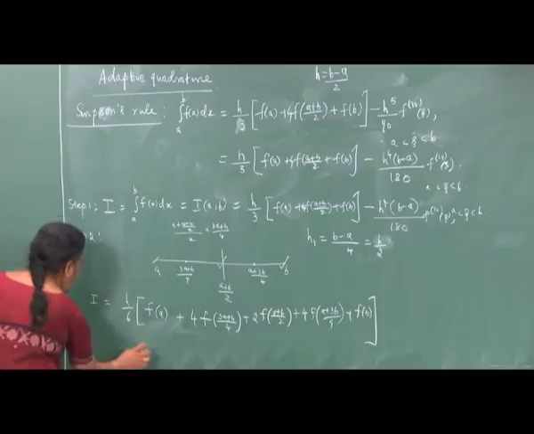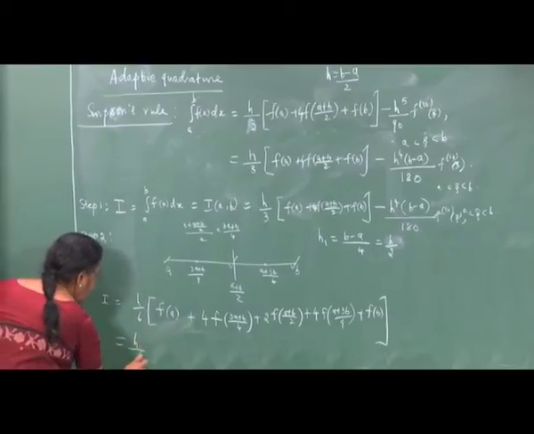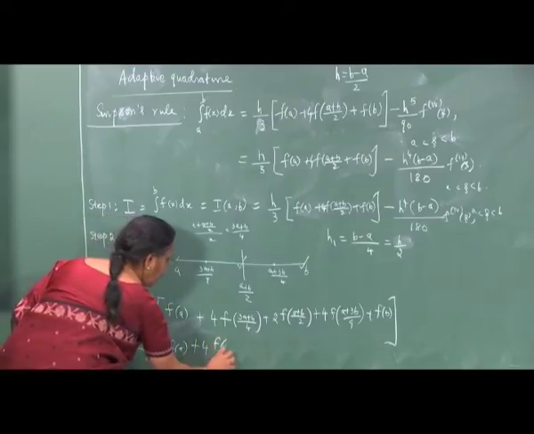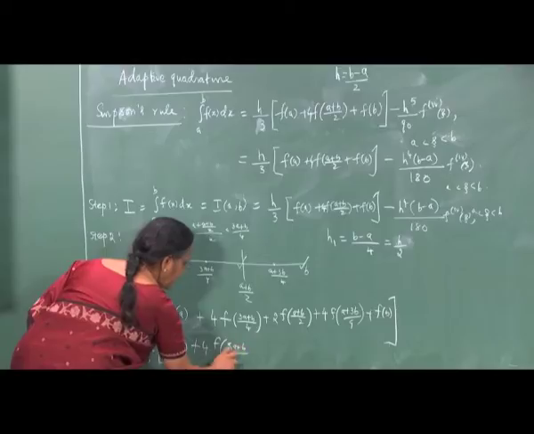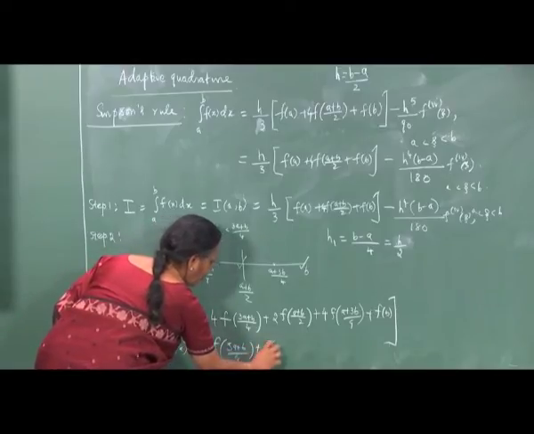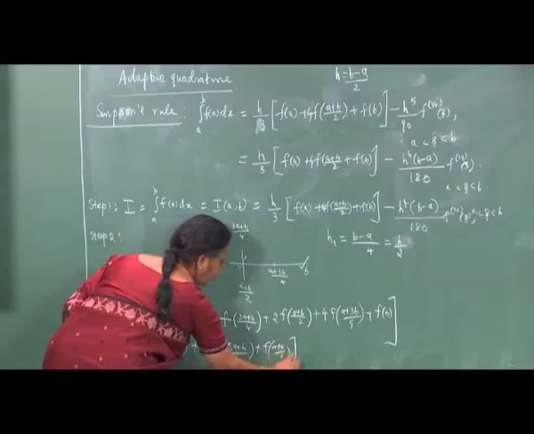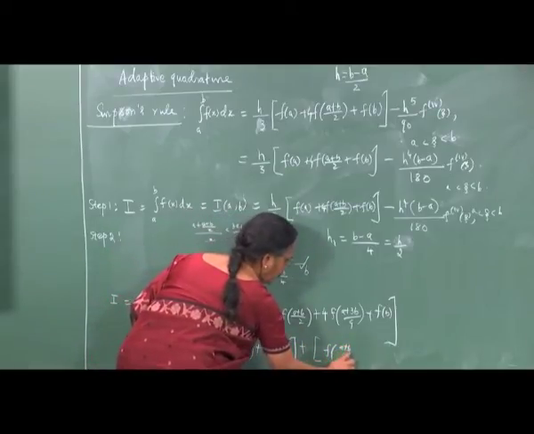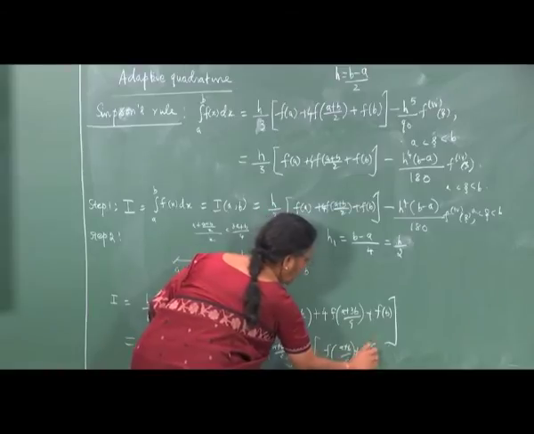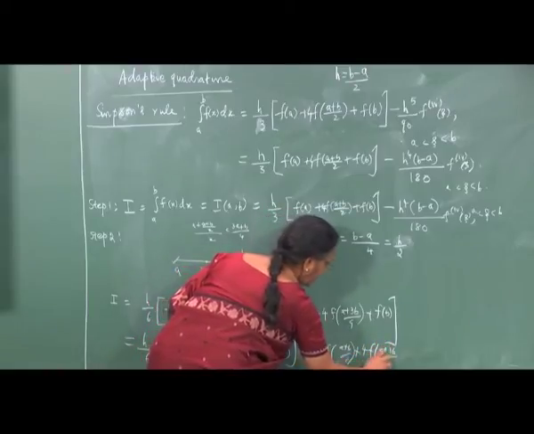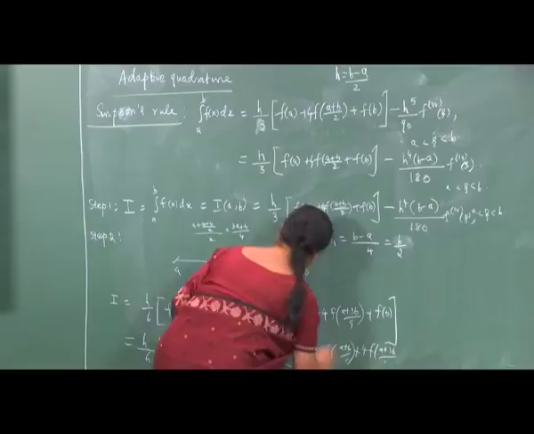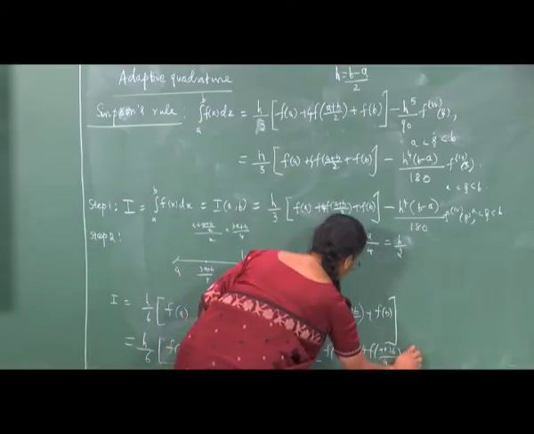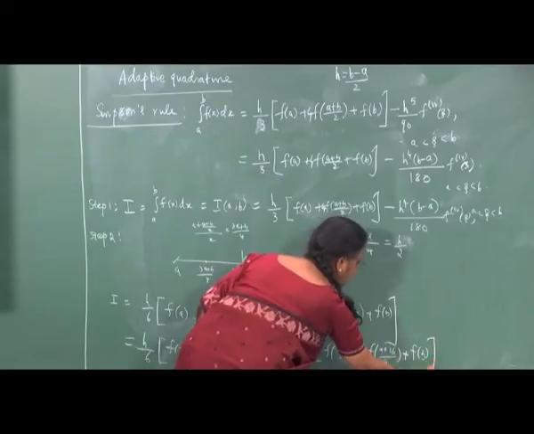This can be expressed in the form h by 6 into [f of a plus 4 f of (3a plus b) by 4 plus f of (a plus b) by 2, and then plus f of (a plus b) by 2 plus 4 f of (a plus 3b) by 4 plus f at b].